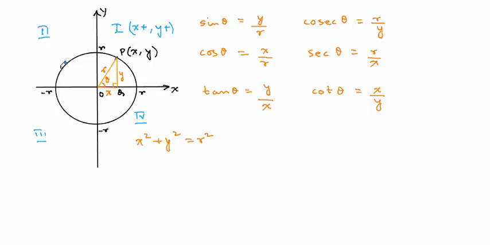If you look at any point on the second quadrant, x is negative but y is positive. Points in the third quadrant are such that x and y are both negative. And finally, points in the fourth quadrant are such that x is positive, but y over here is negative, so y is negative.